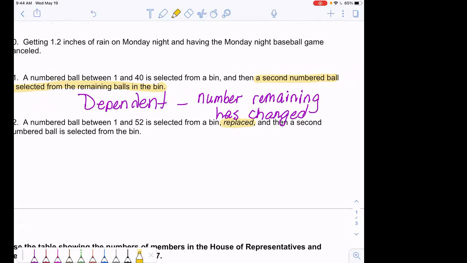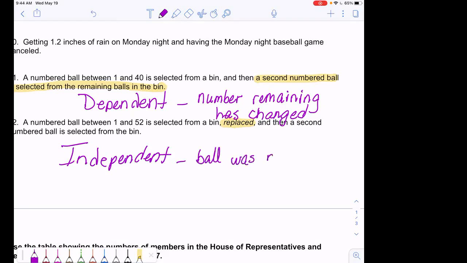So Emma, is that independent or dependent? So yeah, this one's independent. And it's independent because you are replacing the ball back into the bin. So the number did not change.